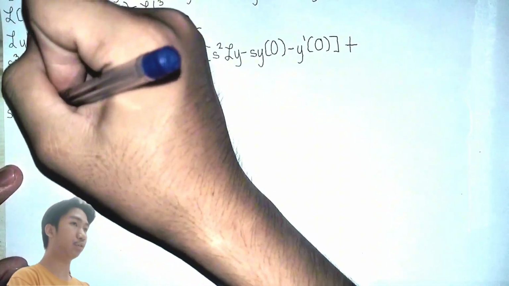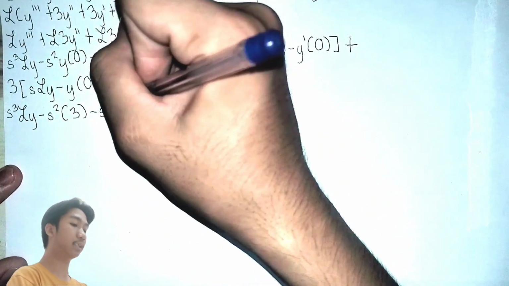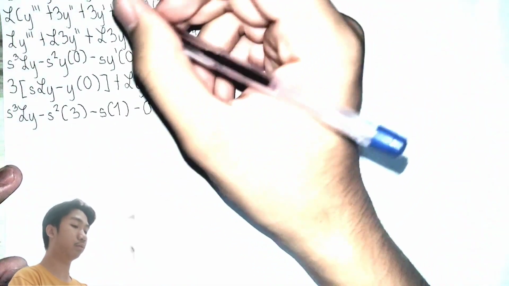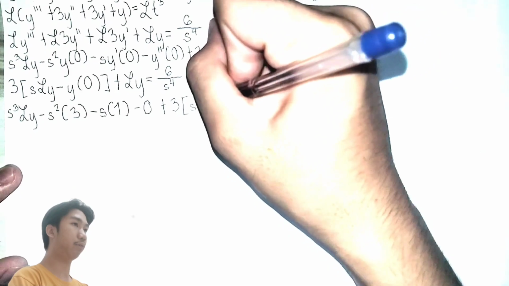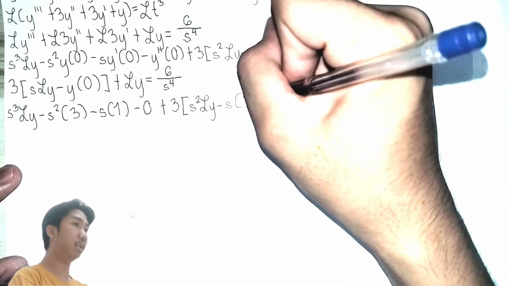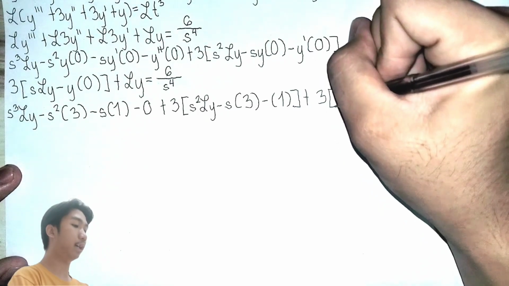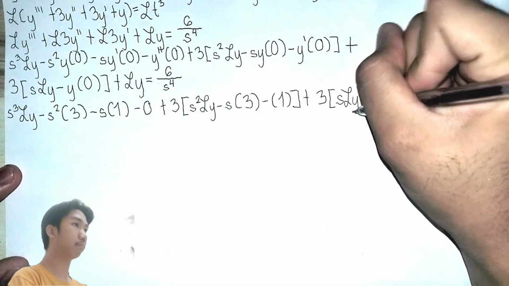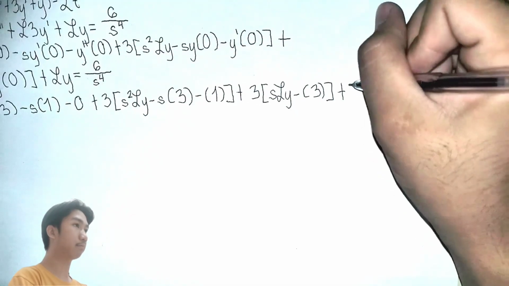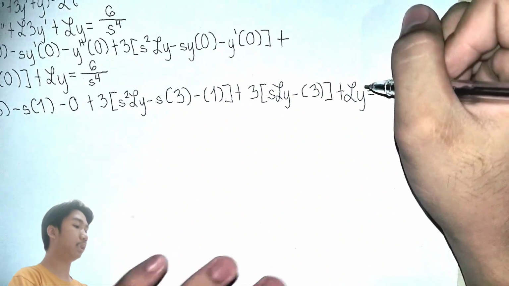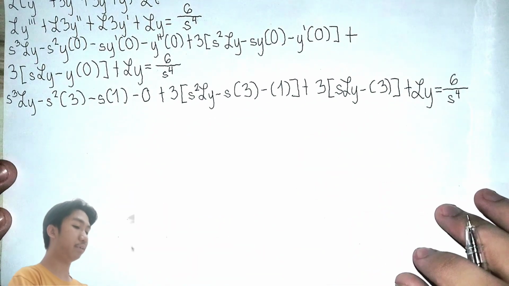That would be s cubed Laplace of y minus s squared times 3 minus s times the initial condition 1 minus 0, plus 3 times s squared Laplace of y minus s multiplied by 3 minus 1, plus 3 s Laplace of y minus 3, plus Laplace of y is equal to 6 over s raised to 4. And we simplify it further.